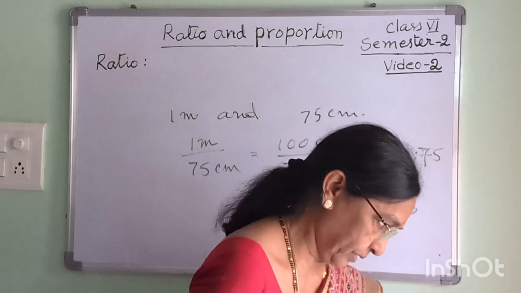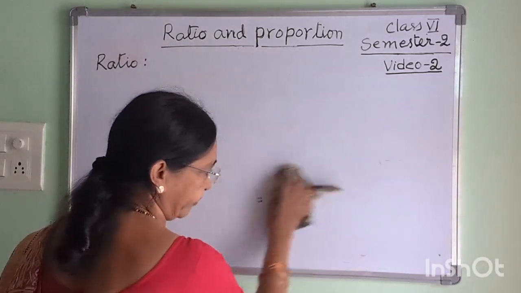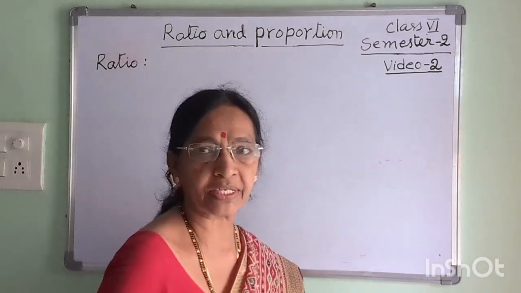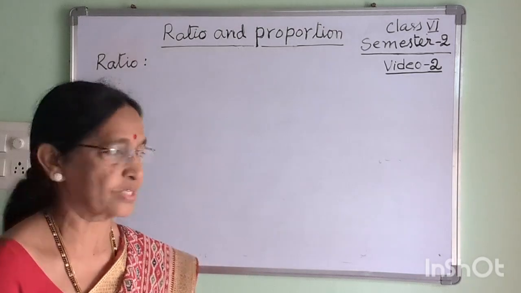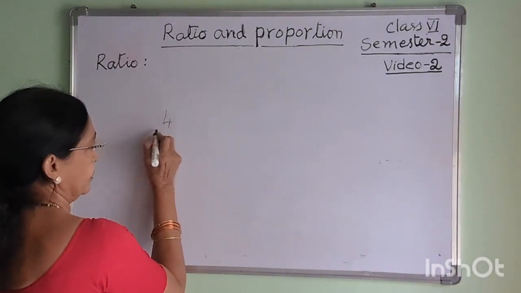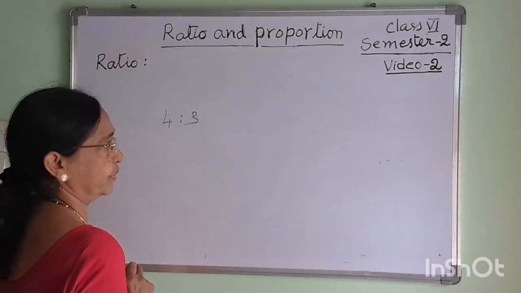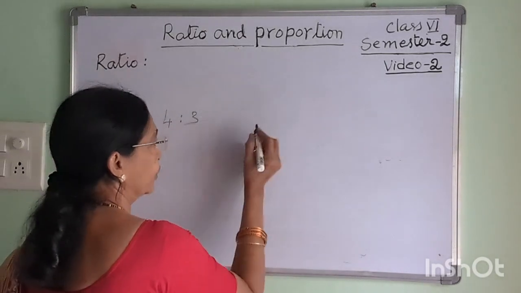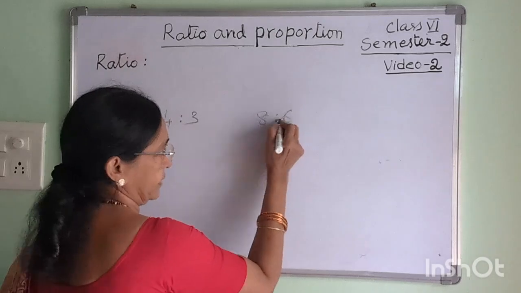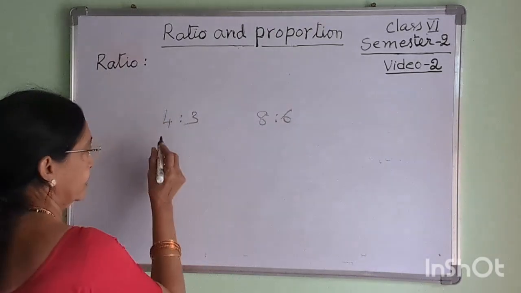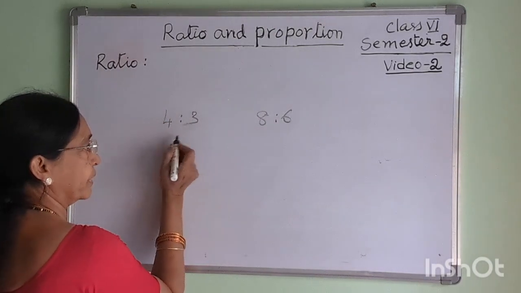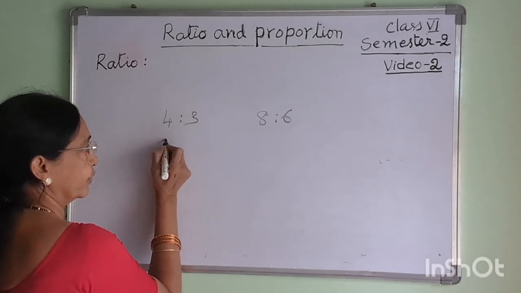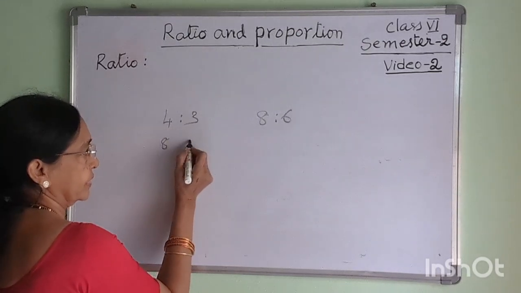Just as in fractions we have equivalent fractions, here also we have equivalent ratios. For example, 4:3 is a ratio. It is equivalent to 8:6. If we multiply both the numbers by 2, we get 4 twos are 8, 3 twos are 6.